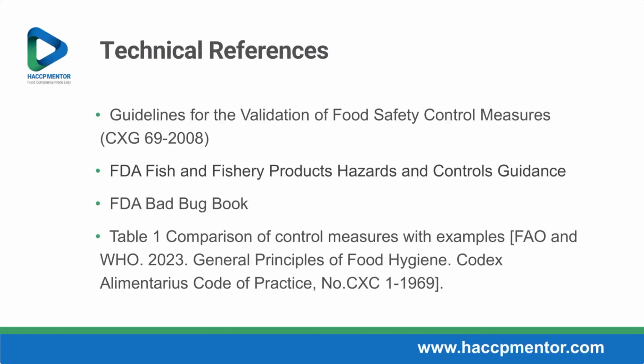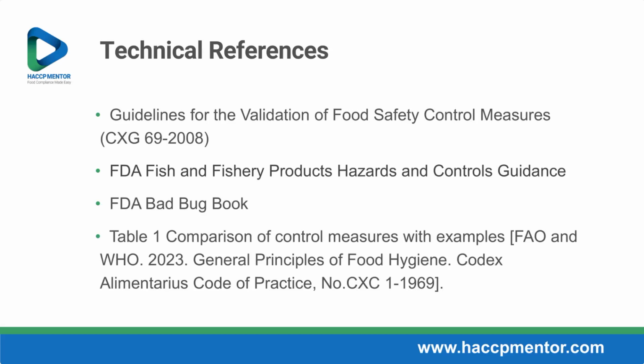I've only thrown a couple on the slide, but definitely the first point of call, look at that guideline for validation of food safety control measures put out by Codex. Again, depending on your industry, FDA have a lot of great industry guidances that you can follow.